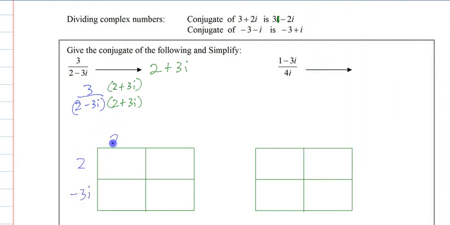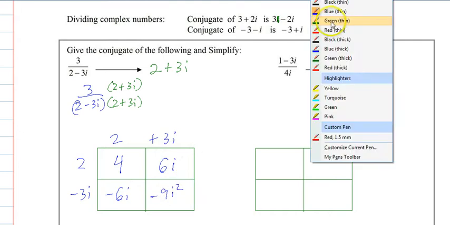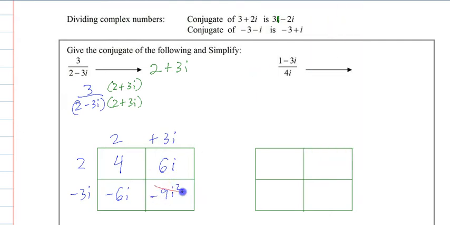We have to use FOIL, which gives us 4, 6i, minus 6i, and minus 9i squared, which we know is just 9, because the i squared becomes negative 1 and changes that sign. And then these cancel.